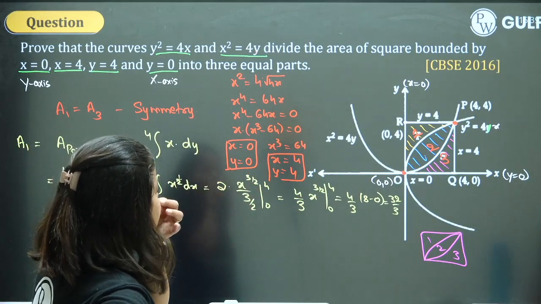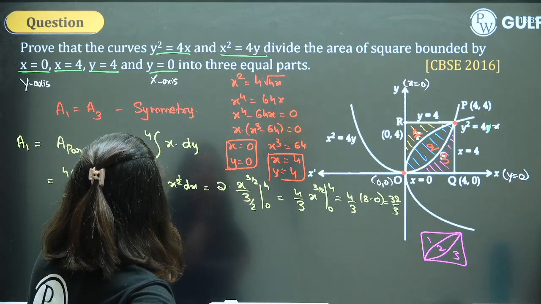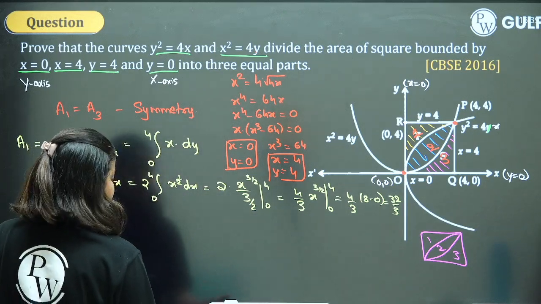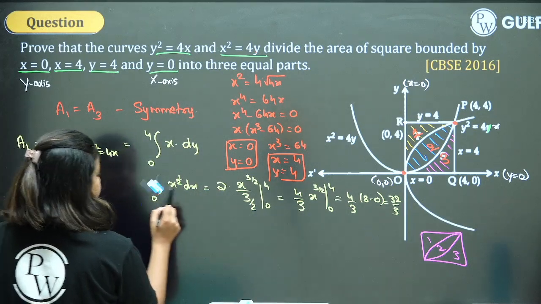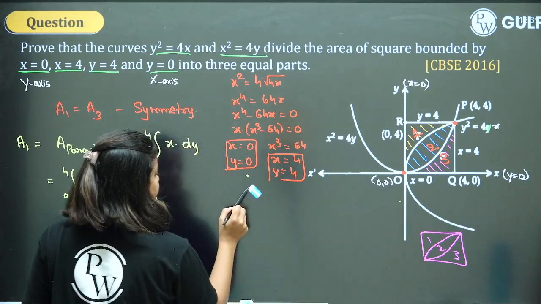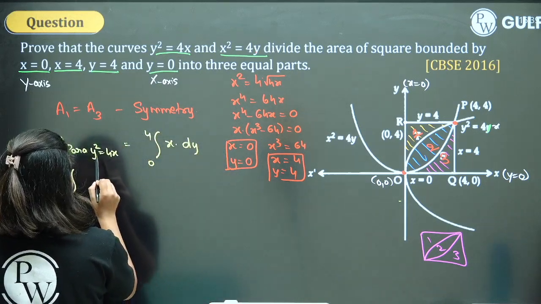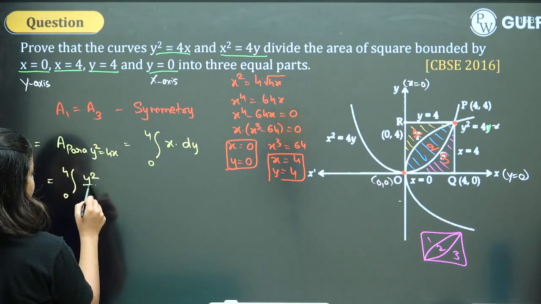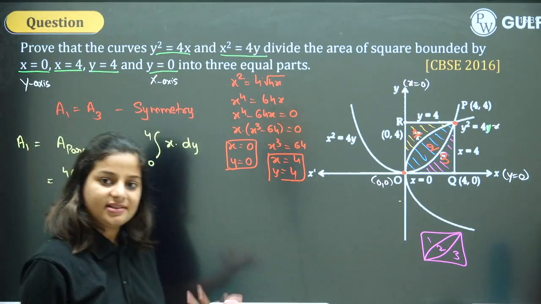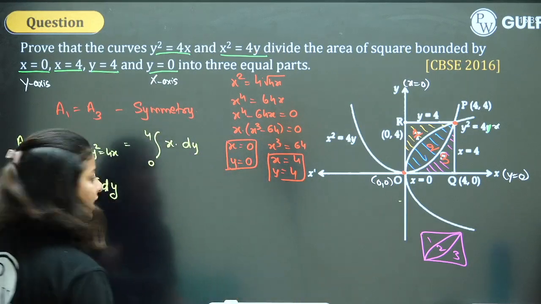The curve is y square equal to 4x. x is y square by 4. Why did I do this? What is the value of x? Oh my god, I was in a hurry. From your x is y square by 4 and integration is with respect to y. I don't know where x came from. कोई ना, एडिट करवा दूंगी मैं.